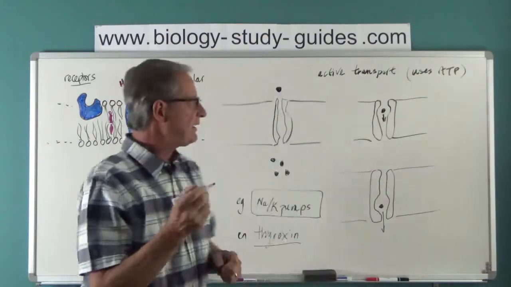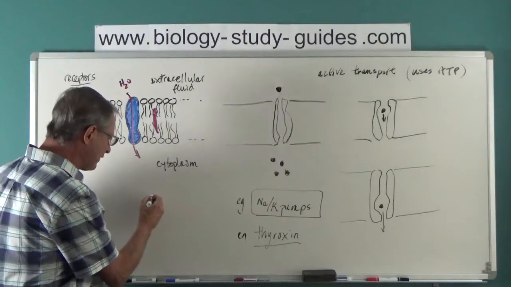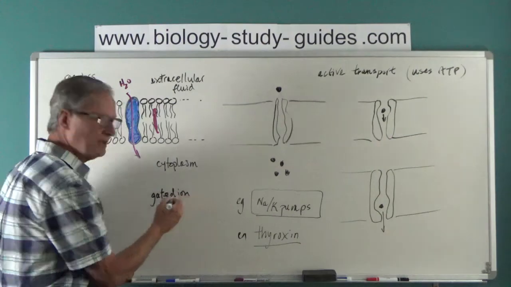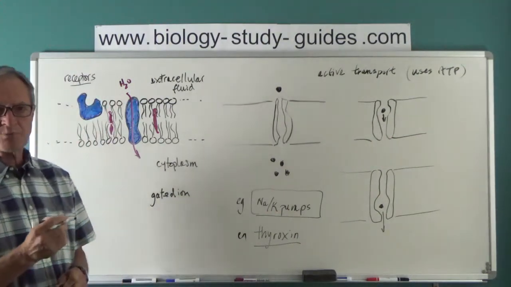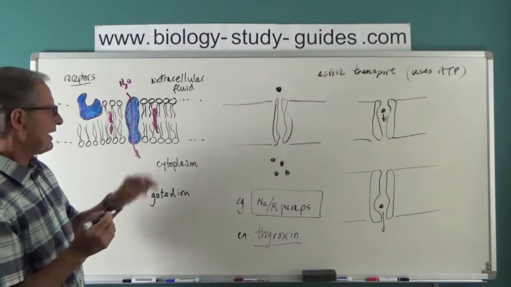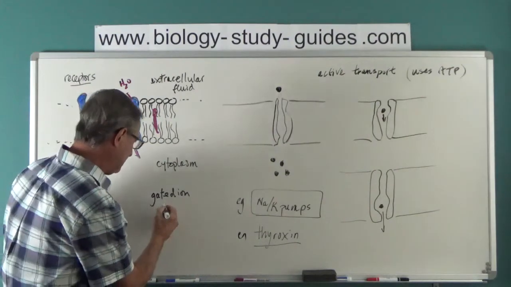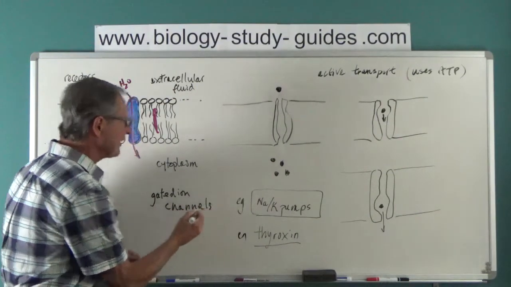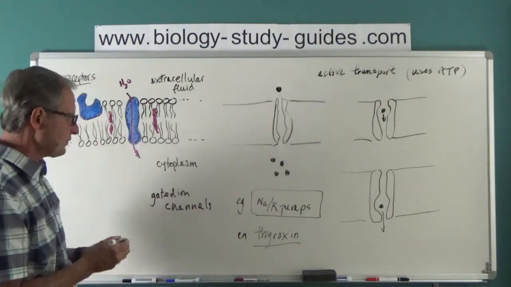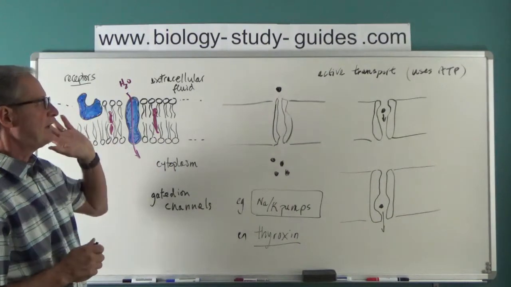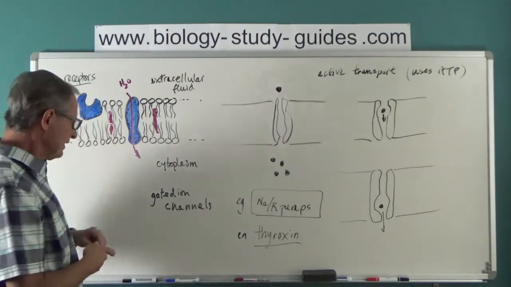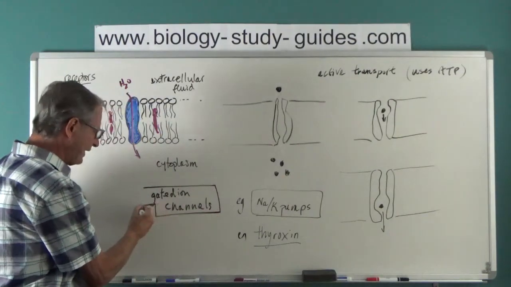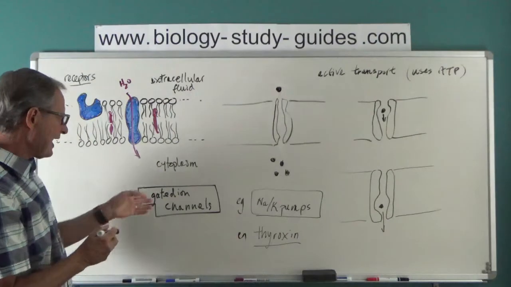I'm just going to make sure you understand that some of this is what we call gated ion transport, or gated ion channels, I guess is a better way to say it, because we do have these channels, these chambers that go through here, and whether it requires ATP or not, sometimes they are operated as gates, and that's why we use the term gated ion channels.